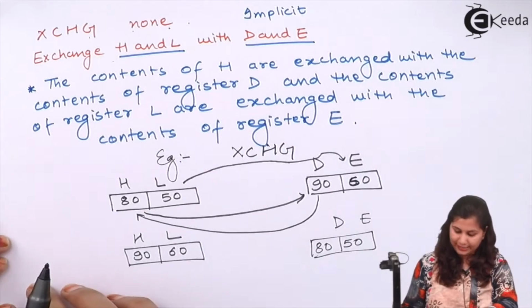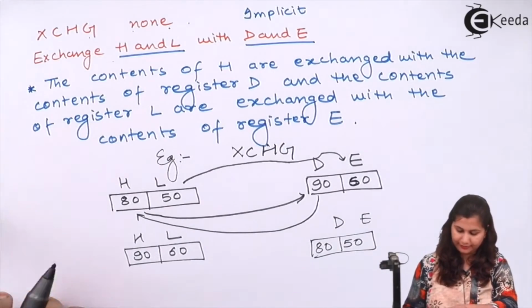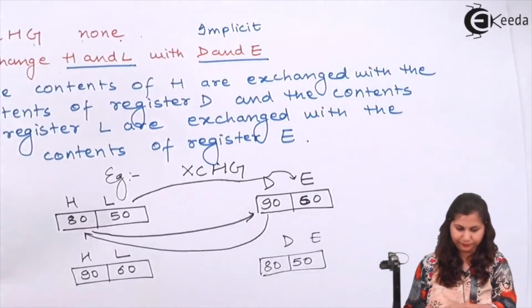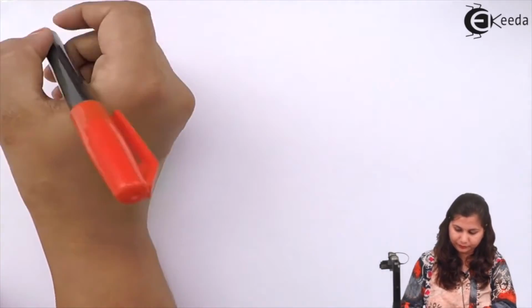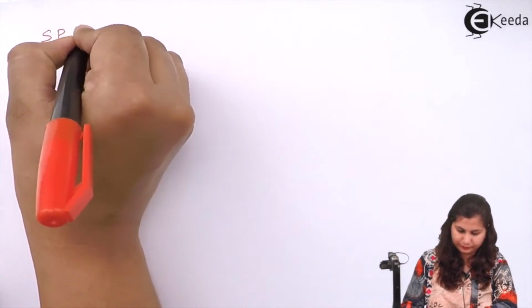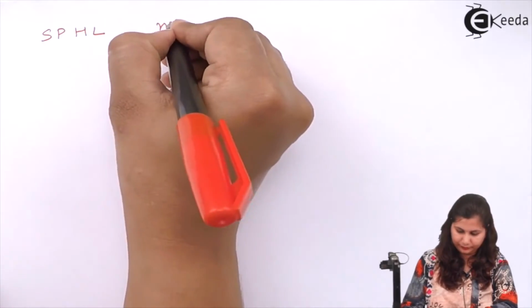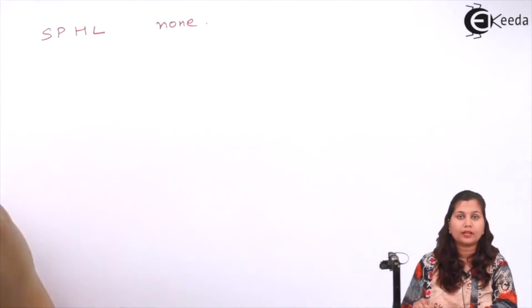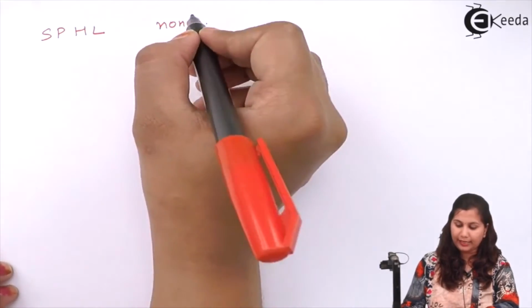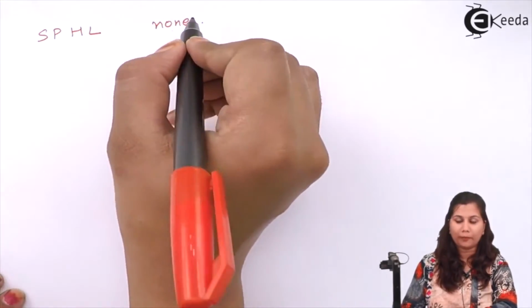Okay. Next instruction is SPHL and it also has no operand.